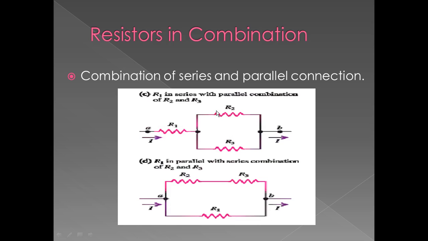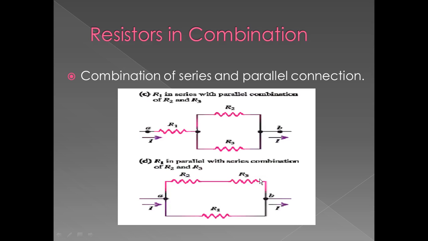So in order to get the total resistance, you get the combination of R1 and the equivalent of R2 and R3 in series, so that you will end up with a single resistor representing the total resistance of the whole combination.